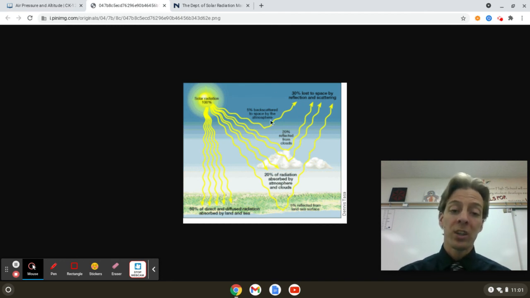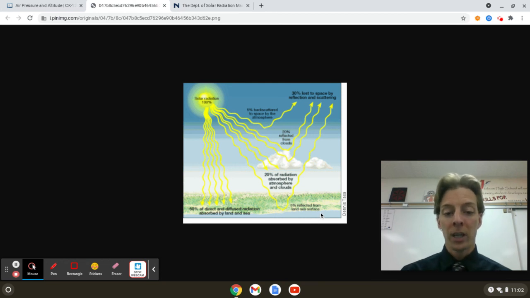First of all, 5% is backscattered back into space. 20% is reflected off of the clouds. 20% is absorbed by the atmosphere, but then this 5% is reflected off the land and sea surfaces. You add all that up, you get your 100%.